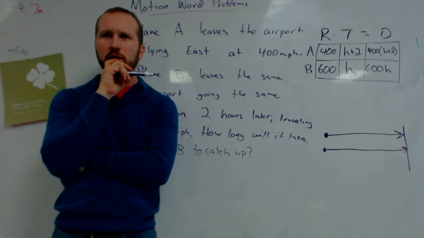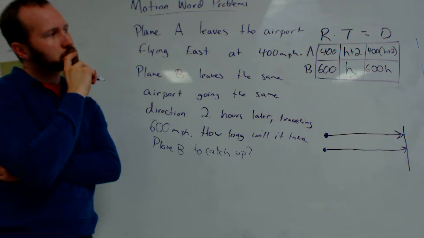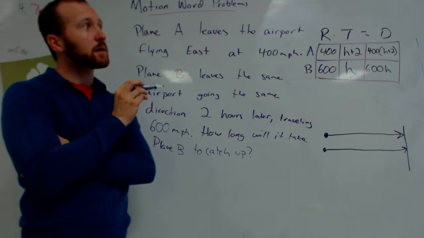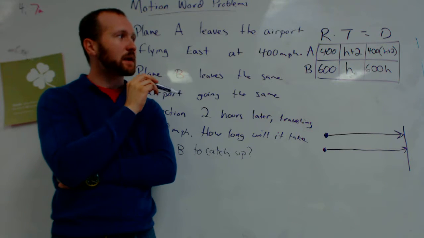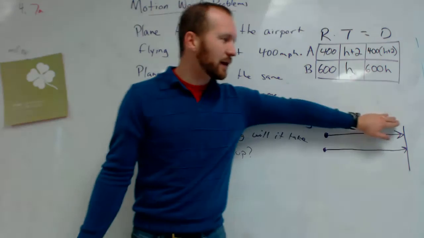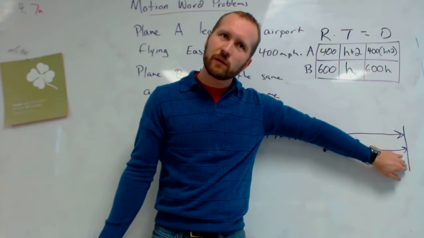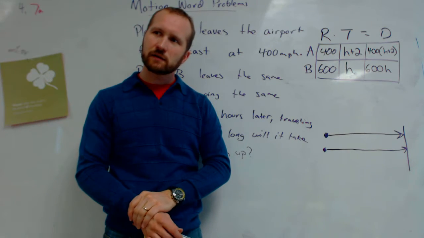Is it kind of like one of those tables where you put in the distance at the original hour? We could. That's another way of solving this. There's a way to solve this algebraically. Let's think about it. If the planes have caught up, what do we know about plane A's distance and plane B's distance? They're the same.